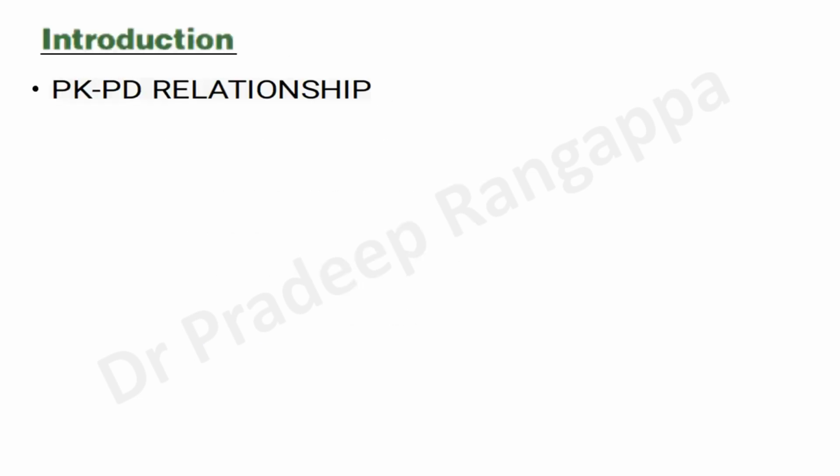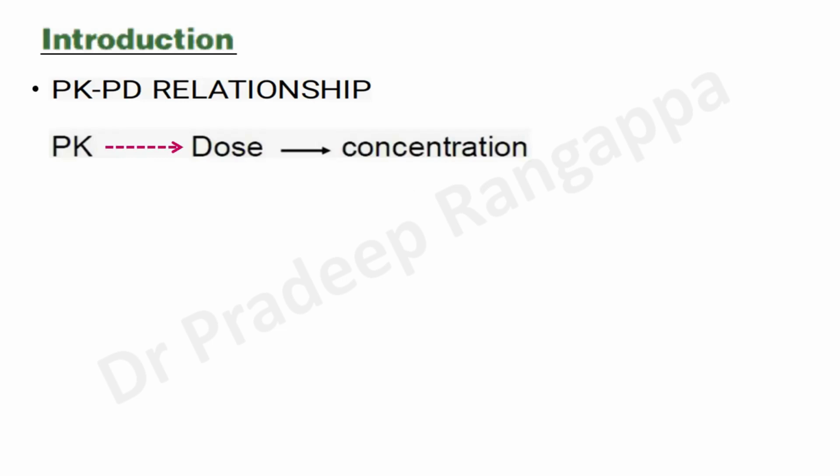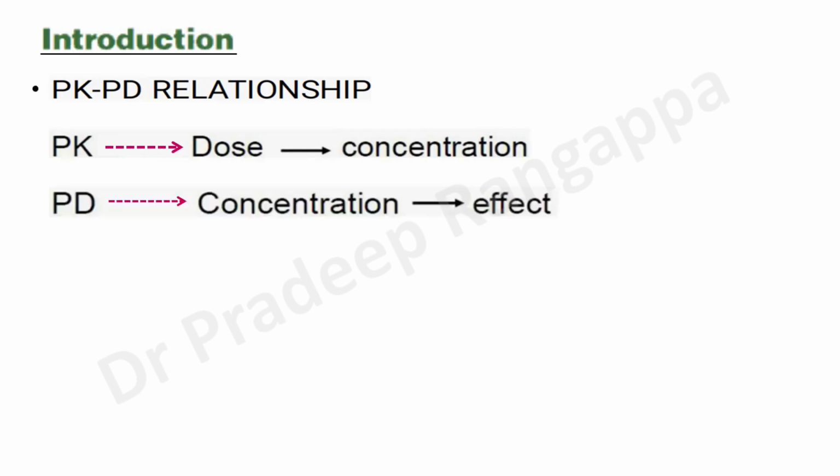When we talk about the PKPD relationship, pharmacokinetics is, once a drug is administered, the dose of the drug and the concentrations it attains. If this question is asked, one should always write this correlation: dose, concentration, and the effect of this drug on an individual host or patient.